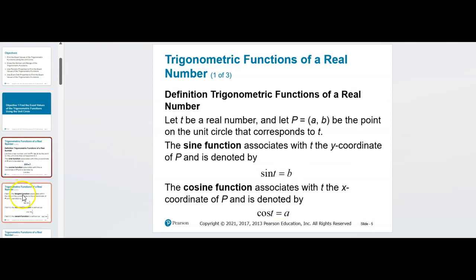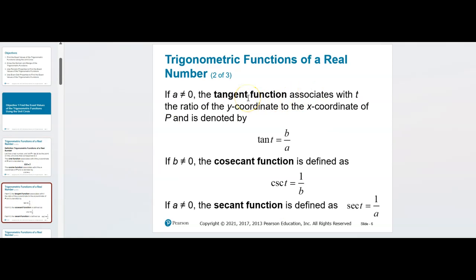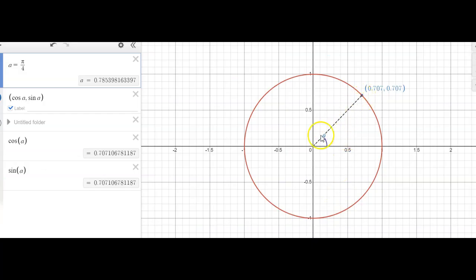In particular, you can see tangent on the unit circle just as well as you can see the sine and the cosine of those points. Tangent is the slope of this line, because tangent is the y-coordinate divided by the x-coordinate. This other point down here is the origin. If you recall, the slope between two points is y2 minus y1 divided by x2 minus x1.